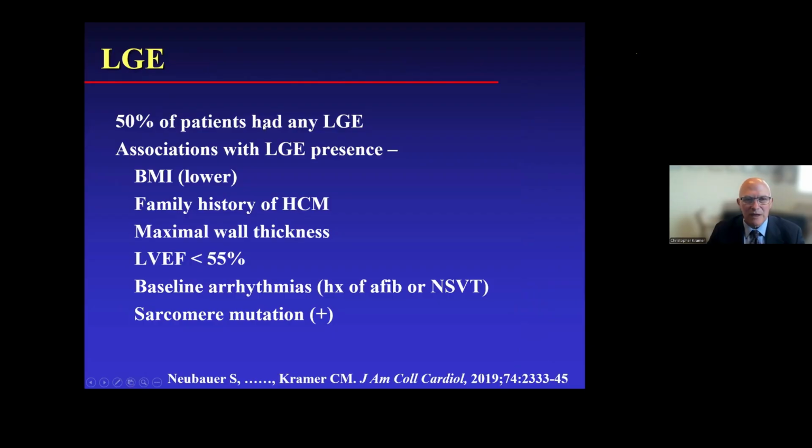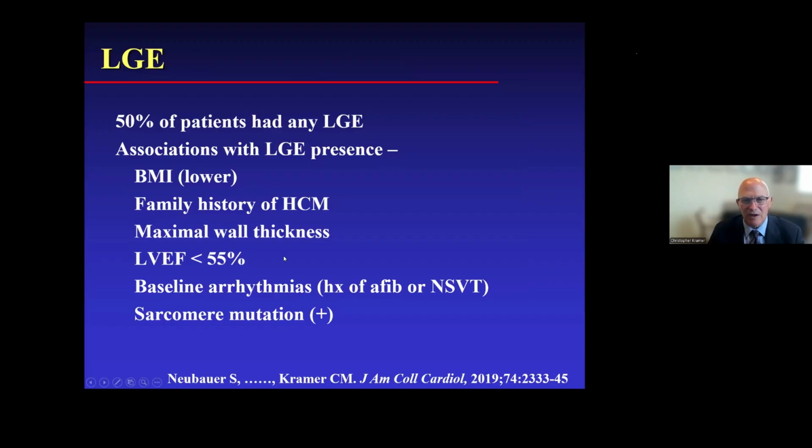In terms of late gadolinium enhancement, as I mentioned earlier, 50% of patients had any LGE. Associations with the presence of LGE included the following. Interestingly, lower BMI, consistent with more of the primarily sarcomeric genetic disease, not the acquired disease.